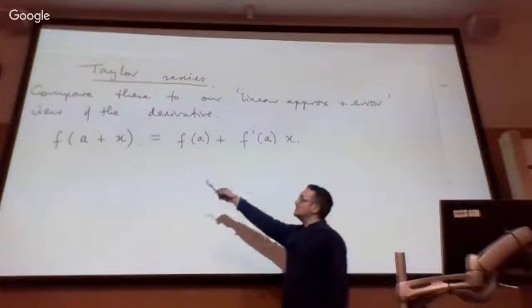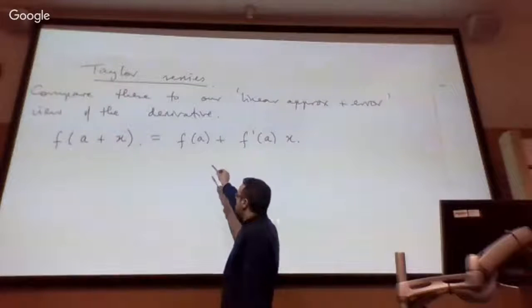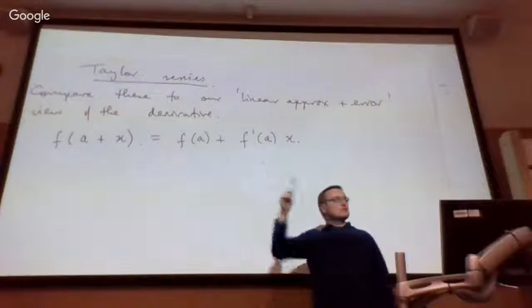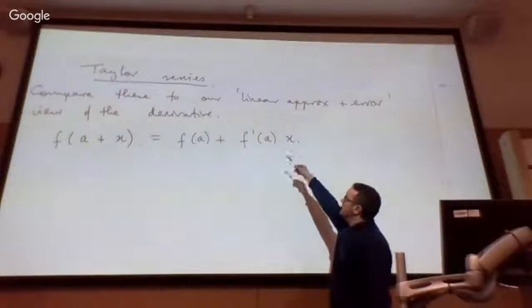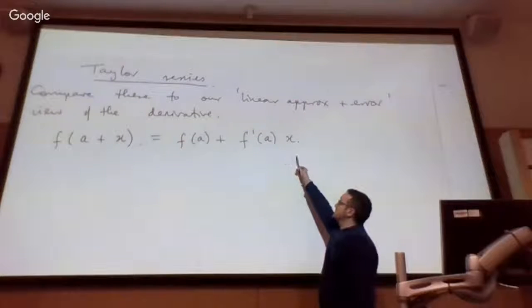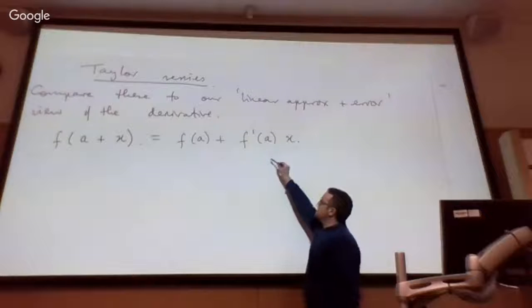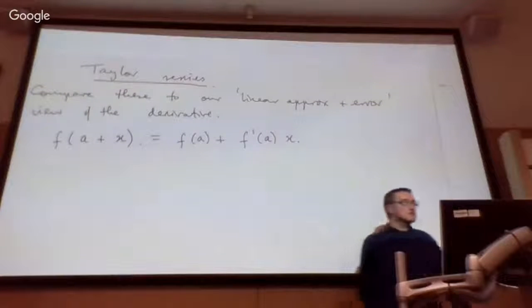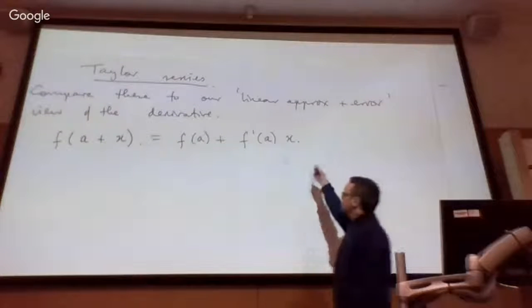So the value of the function f at a point close to a is the value the function has at a, the 0th order approximation, plus this variation term, which is a multiple of x. It's the order 1 term x. And the coefficient of x here in this approximation is the derivative of the function f evaluated at the base point. Now, this equation isn't true yet.